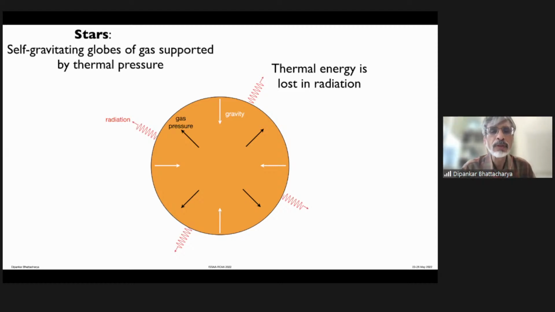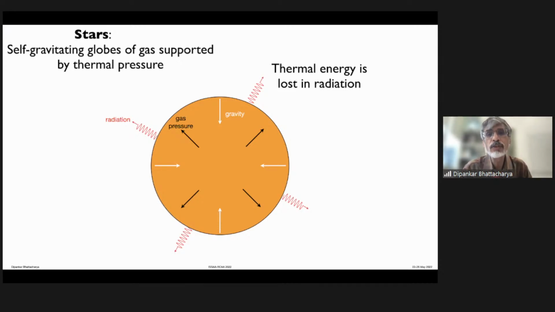Now, as we know, if you have something hot and you embed it in a surrounding space where there is very little radiation coming from outside and entering the star, the hot body is going to radiate.